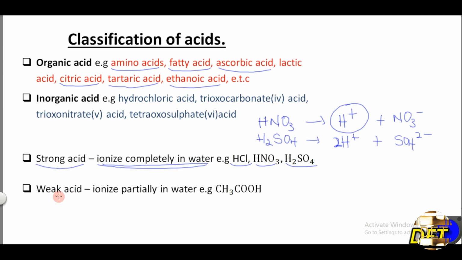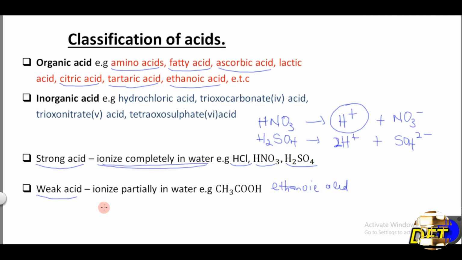Then we have the weak acid. A weak acid is an acid that ionizes partially in water. So it does not liberate all its hydrogen ion. For example, ethanoic acid. This is ethanoic acid, right? And ethanoic acid is also an organic acid, right?